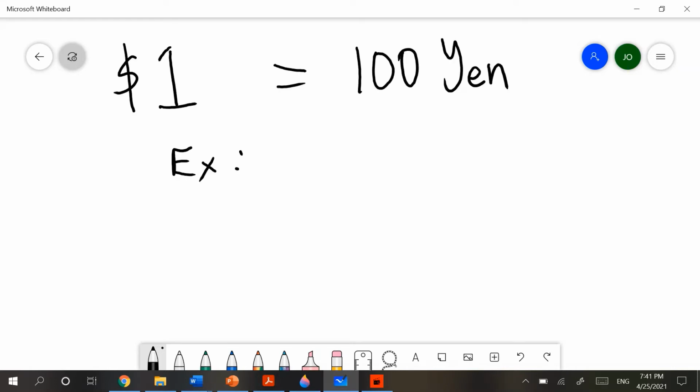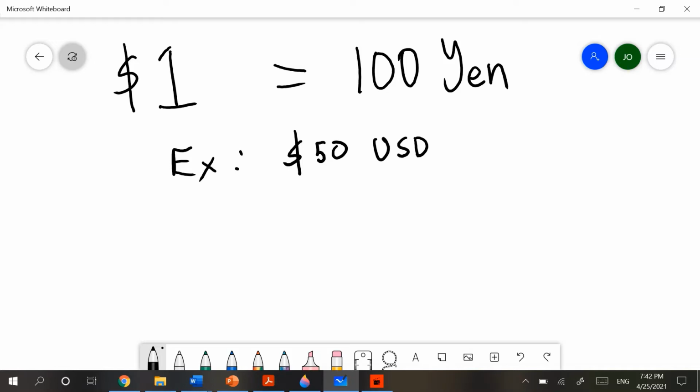If I have the need to receive 50 US dollars, how many yen would it take for me to receive that amount of dollars? Let's think about it. Every dollar requires an exchange of 100 yen.